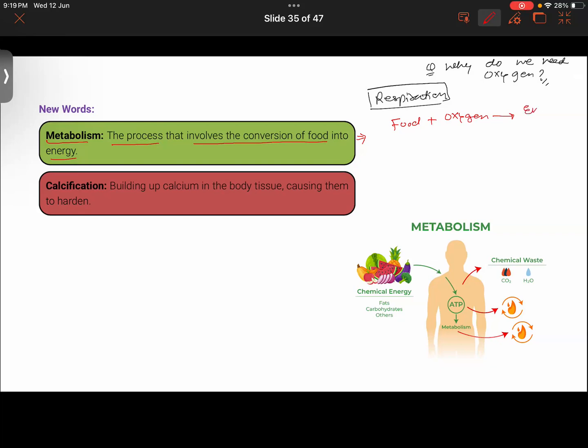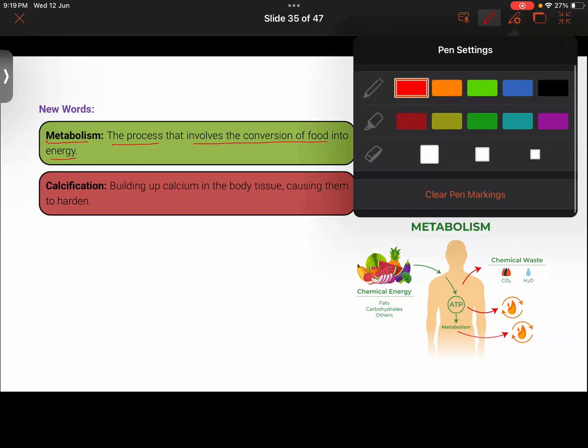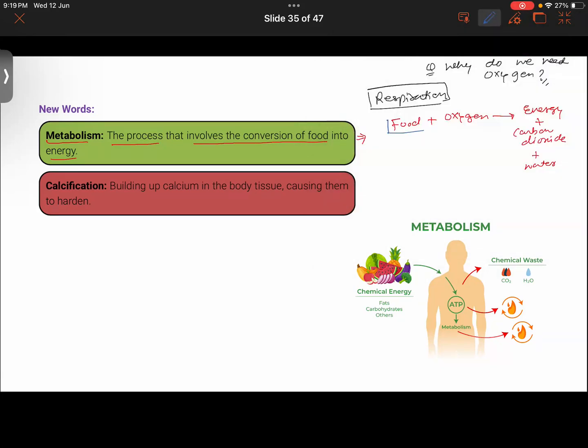Thereby energy is released, carbon dioxide gas is released, and water is released. So, in order to break down the food into energy, carbon dioxide, and water, oxygen is required.